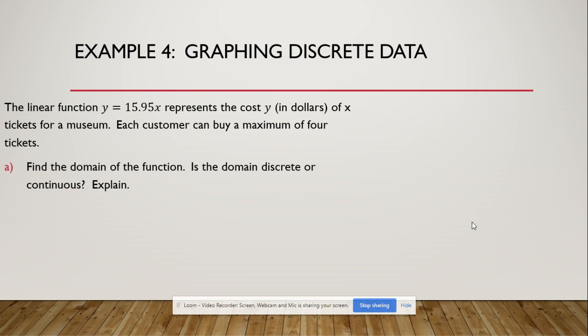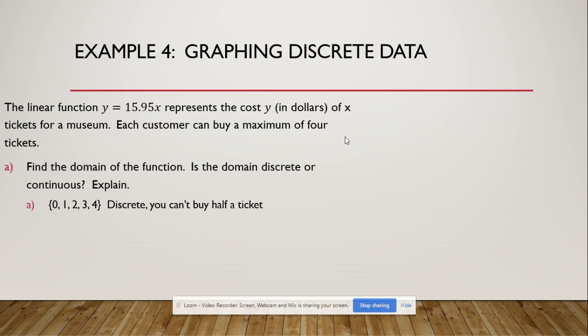So first thing we want to do is find the domain of the function and identify if it's discrete or continuous. Now, the domain is going to be our x variable, all the values of the x variable. So what are the possible combinations? Well, first, because it's tickets, we just think, can I buy half a ticket? Well, no, that makes no sense. So it's going to be discrete.